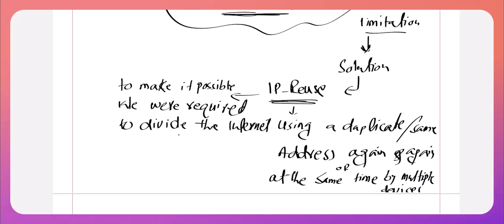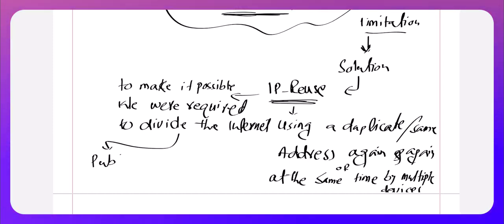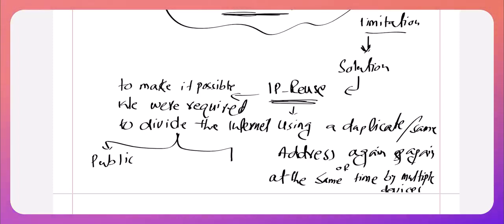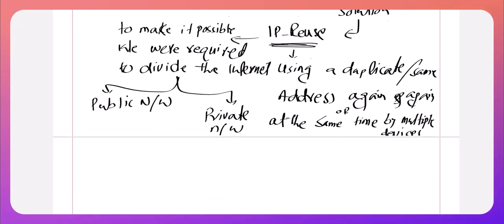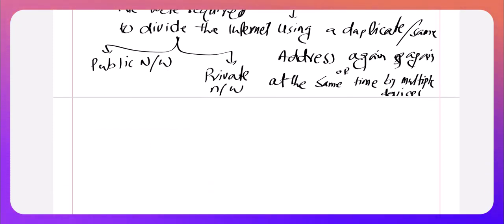We did this division, and after the division we had two types of network: public networks and private networks.